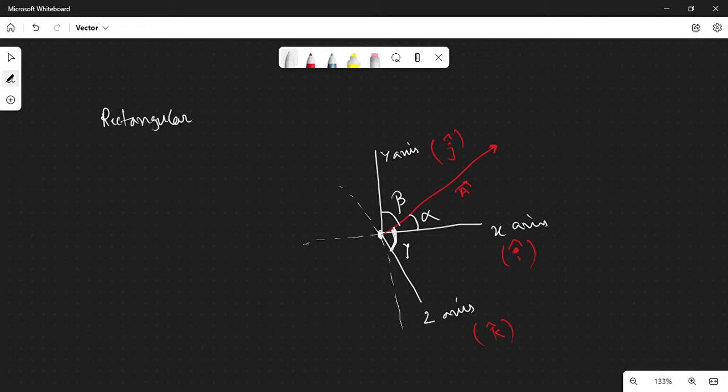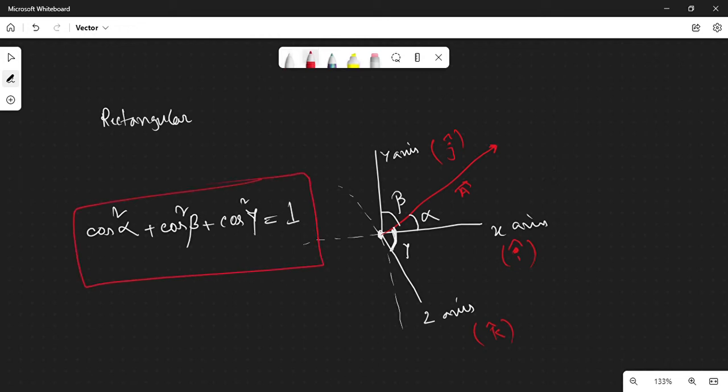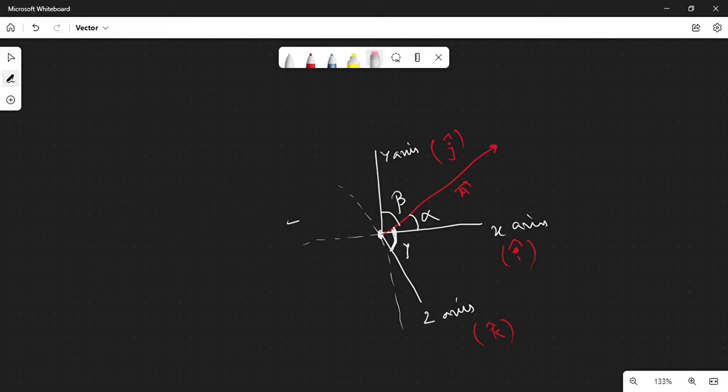A law states that the sum of the squares of the cosines of these angles will always be equal to 1. So cos squared alpha plus cos squared beta plus cos squared gamma will always be equal to 1. This is the law of direction cosines in vector form. So that is the rectangular unit vector.